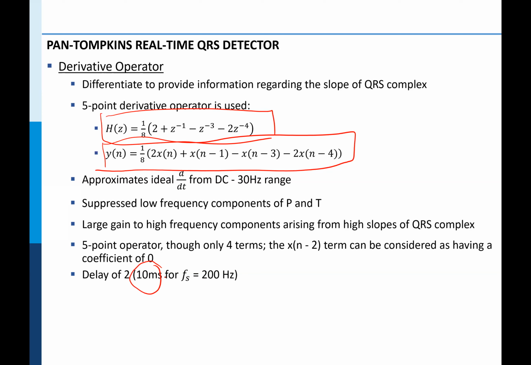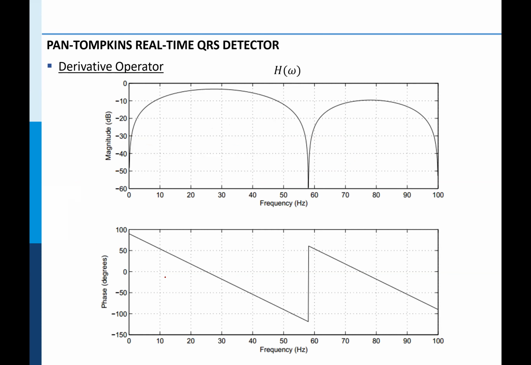Okay, so it's a really instantaneous operation that's been done on the second stage of the Pan-Tompkins algorithm. So this is how the filter response looks. The magnitude response has done a good job in enhancing the QRS complex's bandwidth, and it has also provided a phase response that is desirable.